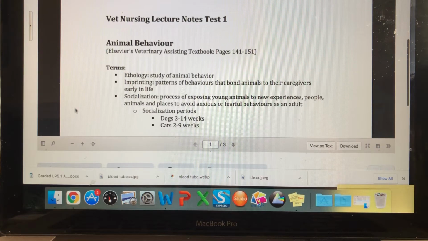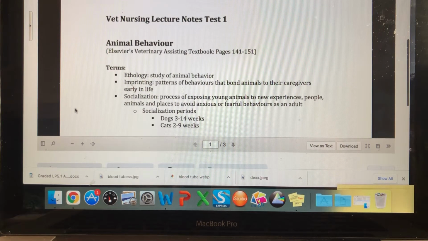And by exposing them to those things when they're young, the goal is to avoid anxious or fearful behaviors as an adult. So it goes into that whole, you can't teach an old dog new tricks. If you can expose puppies and kittens to a bunch of new experiences when they're babies, in theory, they are less frightful as adult animals.